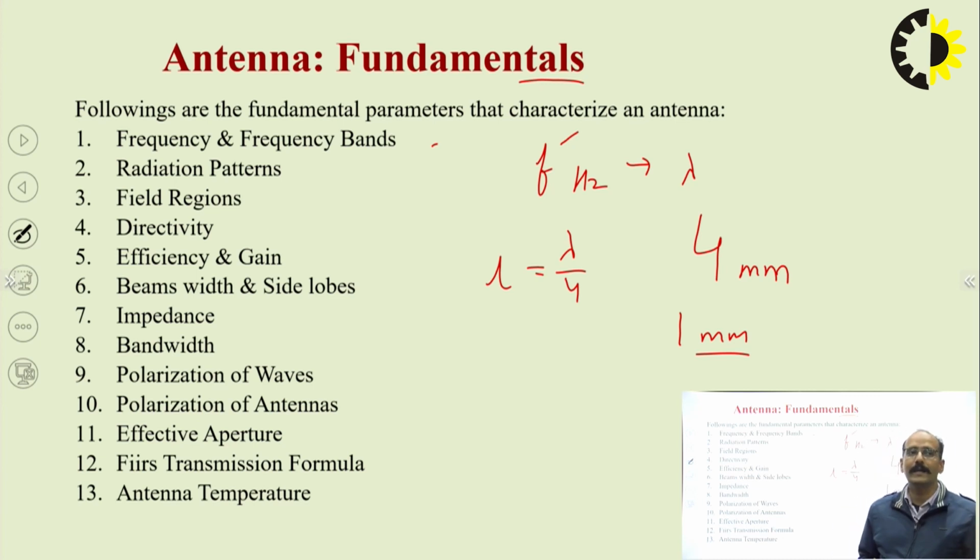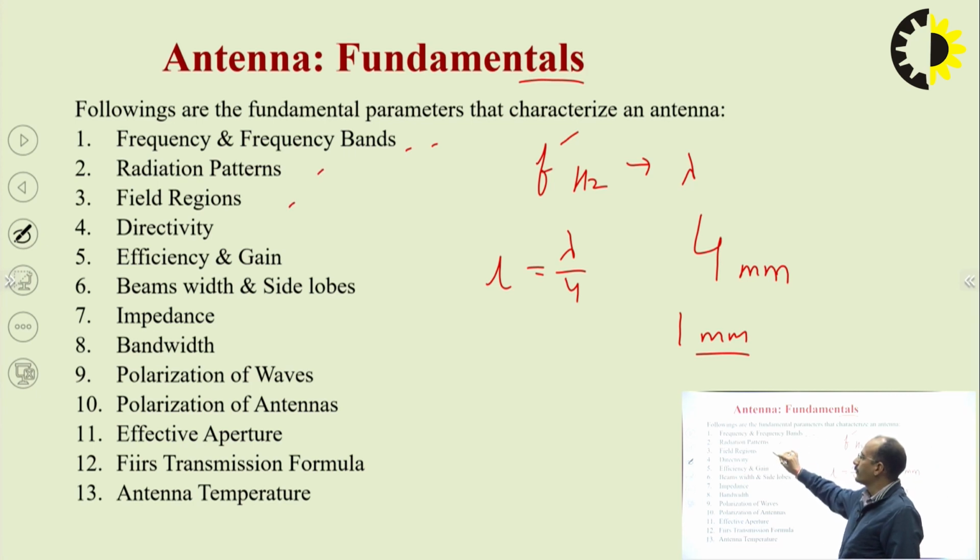Other than that, we also have other points, and you have to consider all of them, because these are asked in the university examination, such as 2 marks questions or sometimes higher marks questions: frequency and frequency band, radiation pattern, field region, directivity, efficiency and gain.